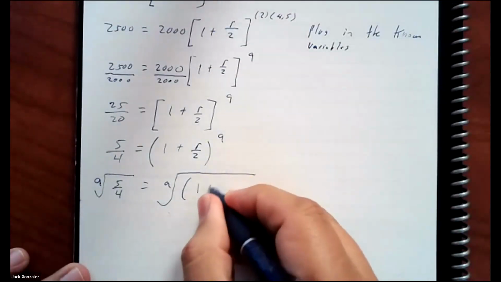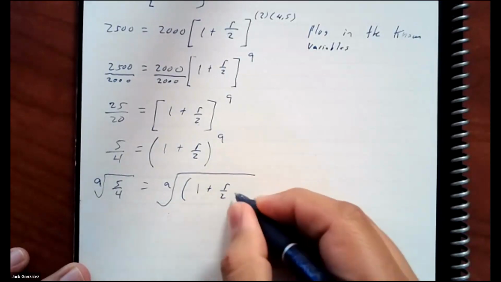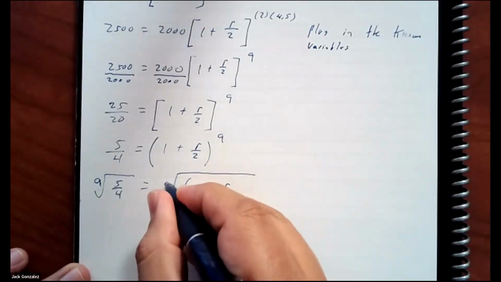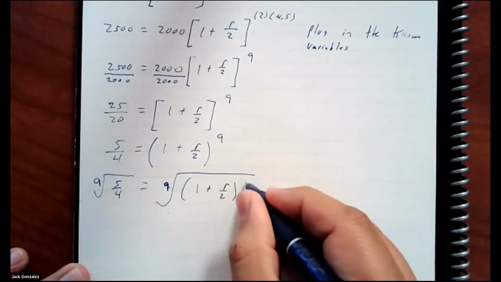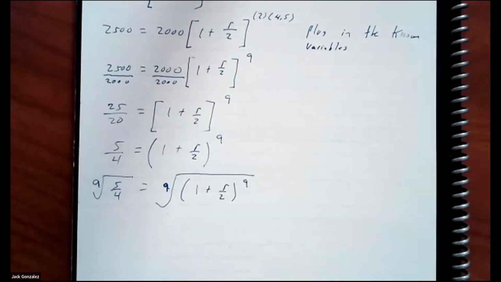That makes sense? So you will need a scientific calculator. The alternate would be raise everything to the 1/9 power. That's the same thing.